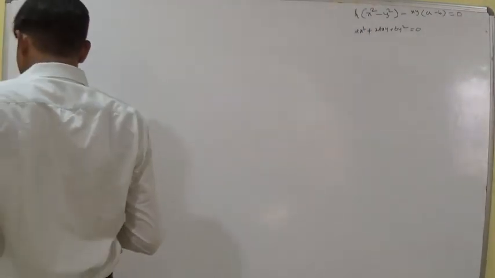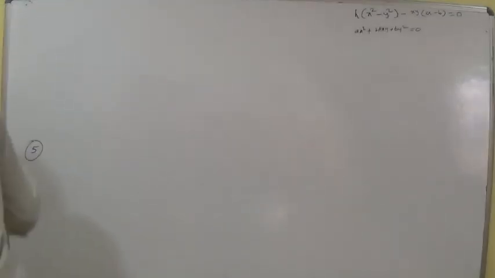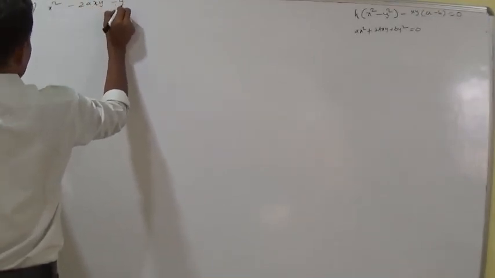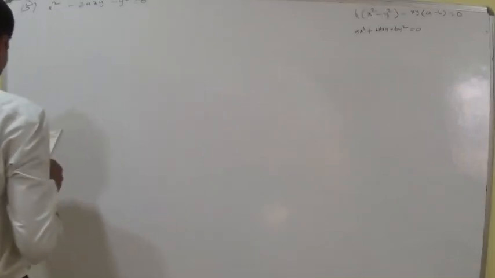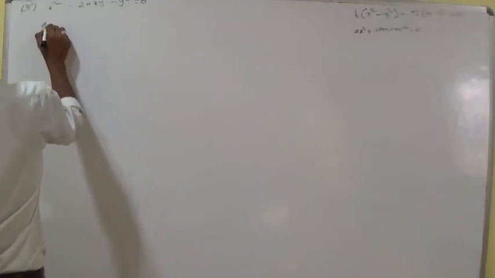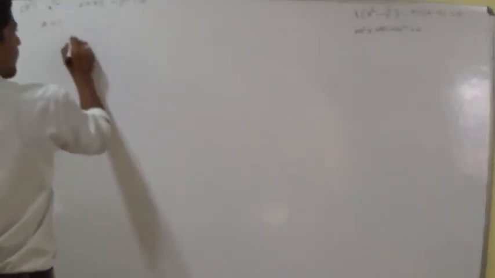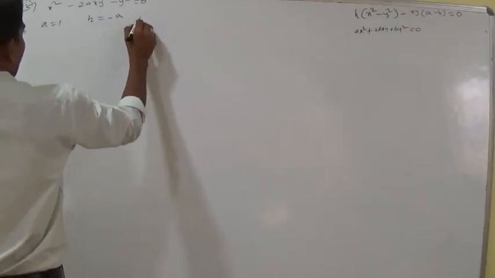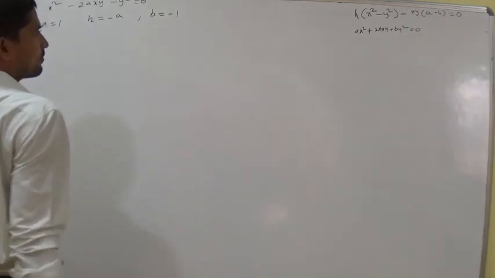See, about our problem, the given equation is x square minus 2axy minus y square equal to 0. Here a is equal to 1 and 2h is equal to minus 2a, so h is equal to minus a, and b is equal to minus 1.